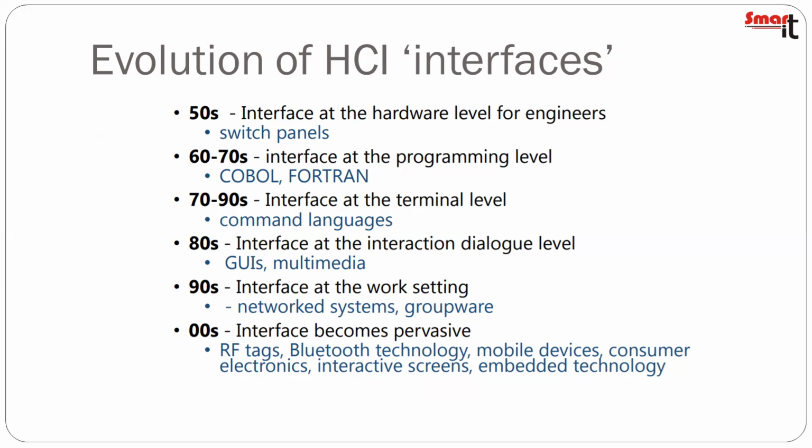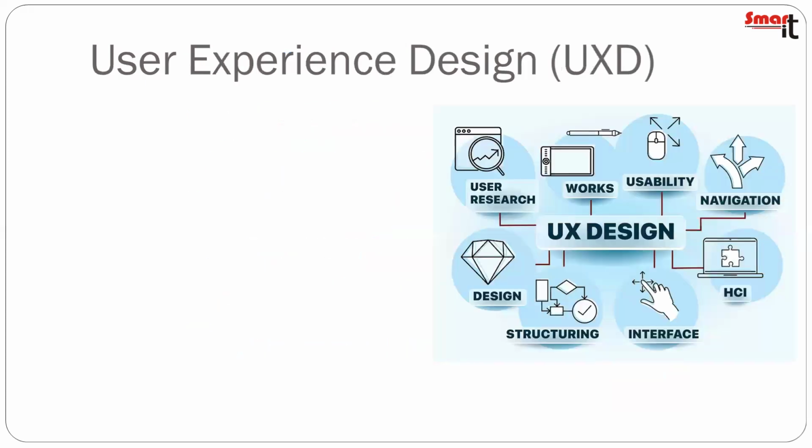After that, in the 70s to 90s, command languages came. In the 80s, GUI and multimedia technology arrived, and onwards, network systems and groupware were introduced, and after that interfaces became very advanced, like Bluetooth technology and mobile devices. The things that you are experiencing today come after those, right?